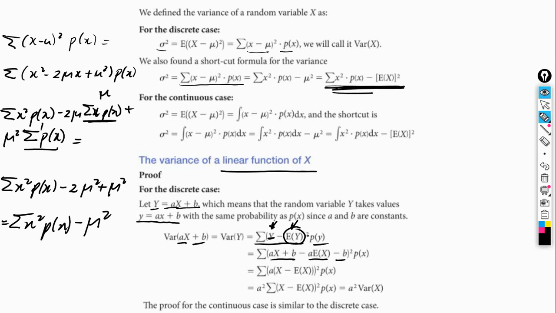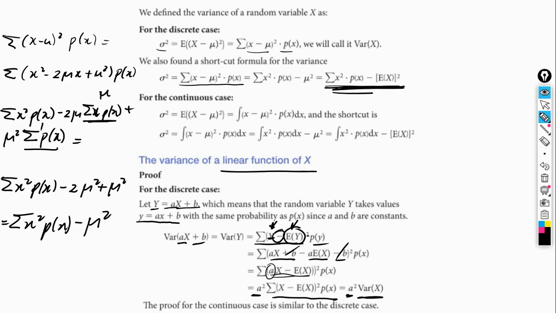In this case, it says minus because we have a negative sign in front. So notice that from here, we're going to get that the b's cancel out, and we get this expression by factoring out a. And notice that a would be a squared when we factor that out. And since this is a variance, that just means that the variance of a times x plus b is equal to a squared times the variance of x.